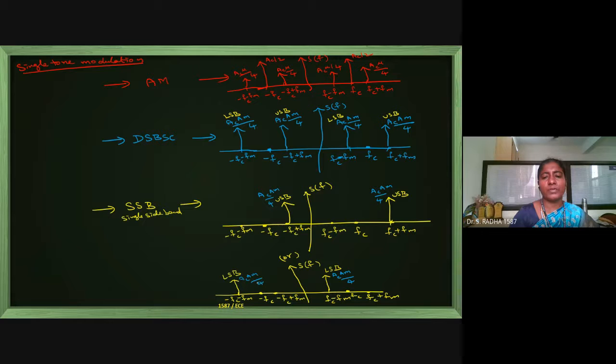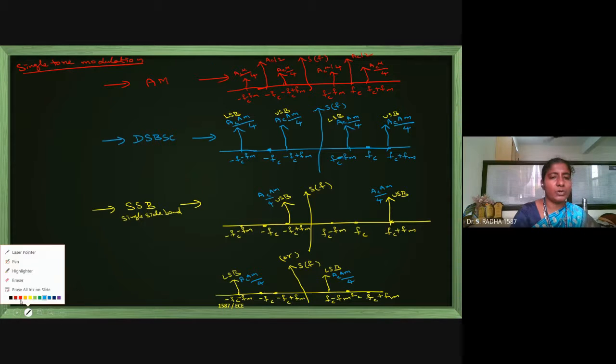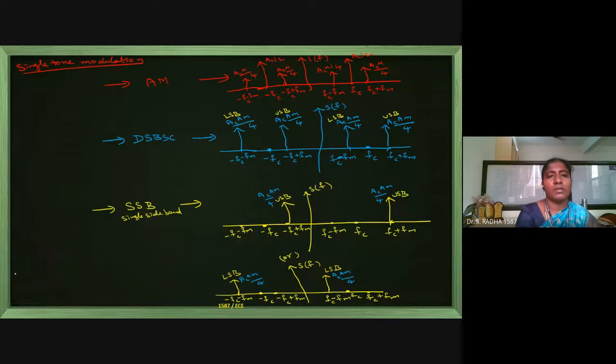You understood the difference? In AM, we have the carrier component plus upper sideband component plus lower sideband component. But in DSBSC, the carrier is not there; only the upper sideband component plus lower sideband component are present.